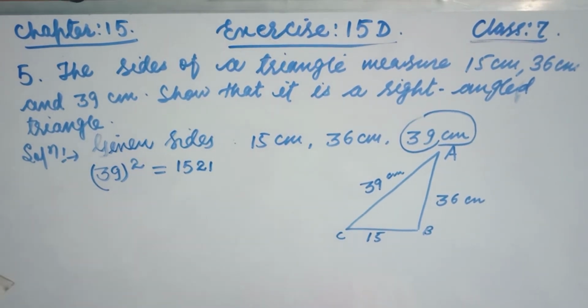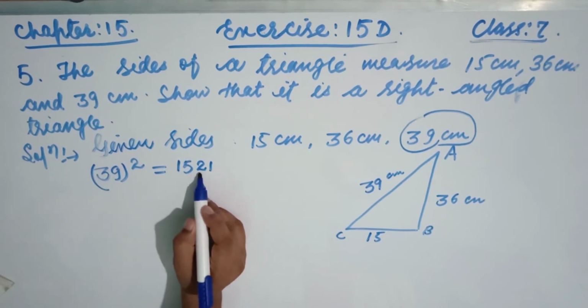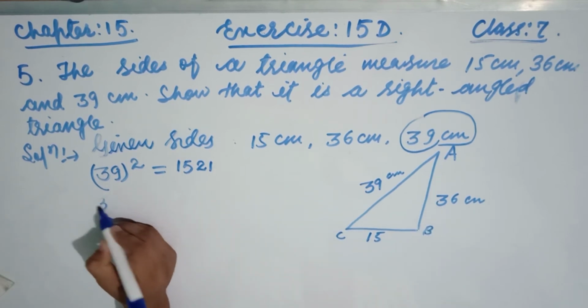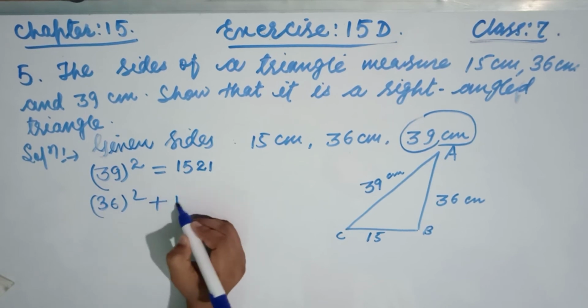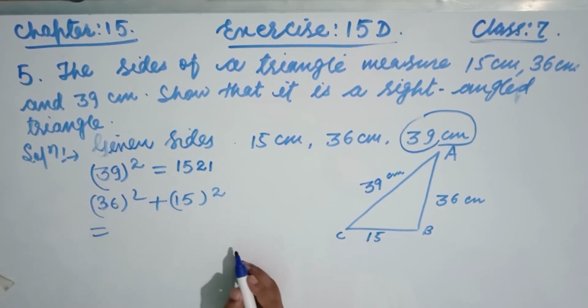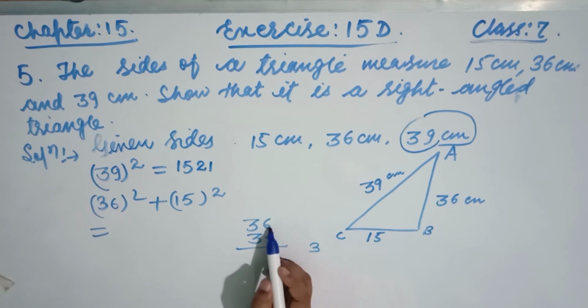Now friends, the square of the bigger side, and then find the square of the sum of the other sides. This is 36 square plus 15 square. Now find 36 square: multiply 36 by 36, 6 3 18.